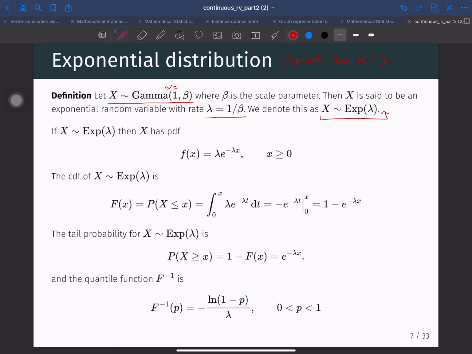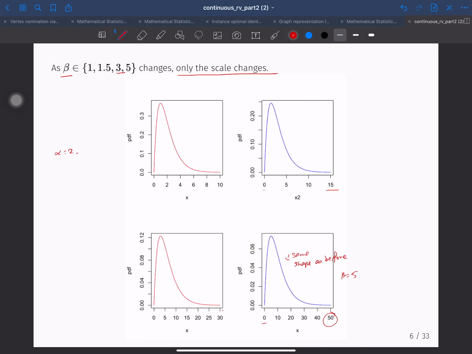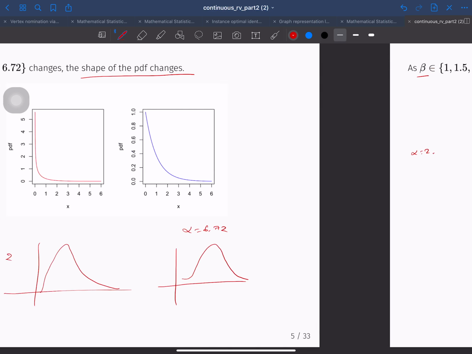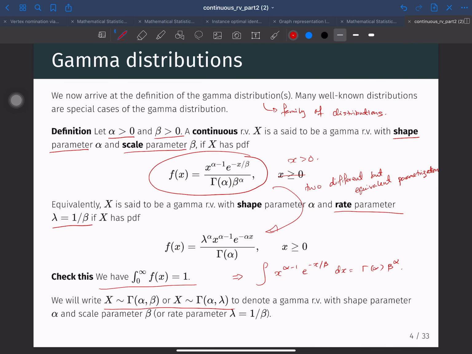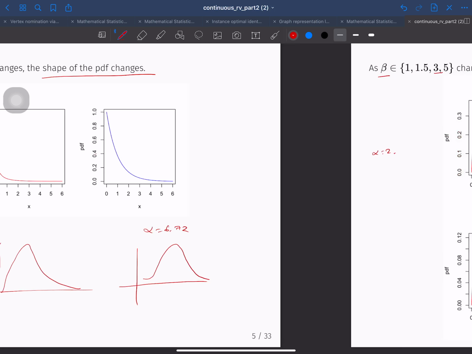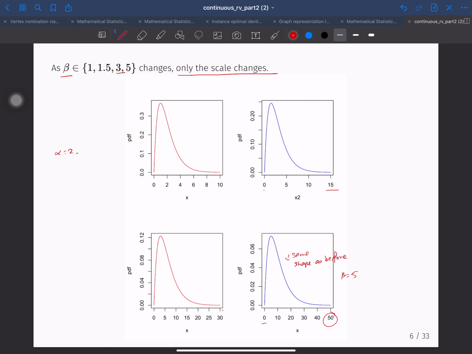Before that, I just want to backtrack and note the following result, as we will make clearer later in the argument. We want to state the following proposition. Let X be gamma(alpha, beta).